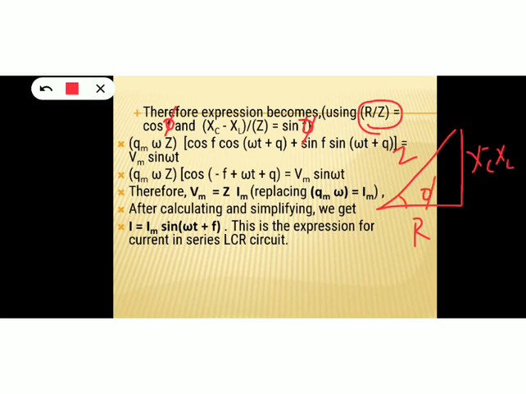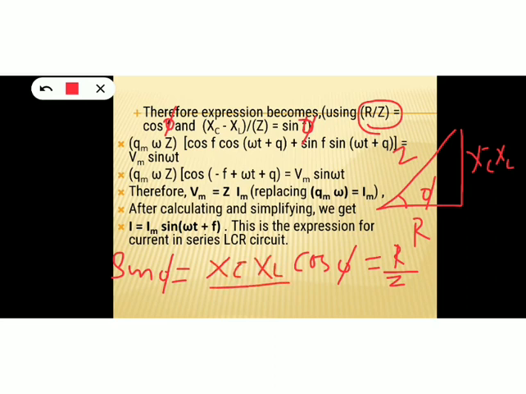From this diagram, cos φ is adjacent side, that means R, by hypotenuse Z. And sin φ is opposite side, Xc minus XL, by hypotenuse Z. So you can make these substitutions in the previous expression.